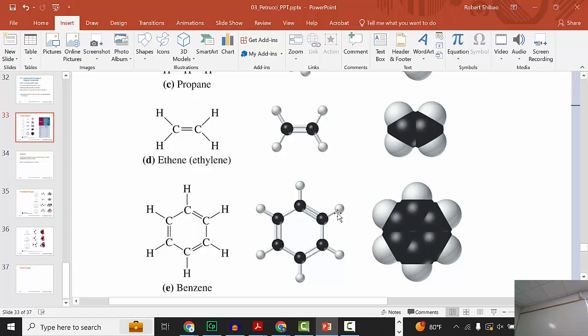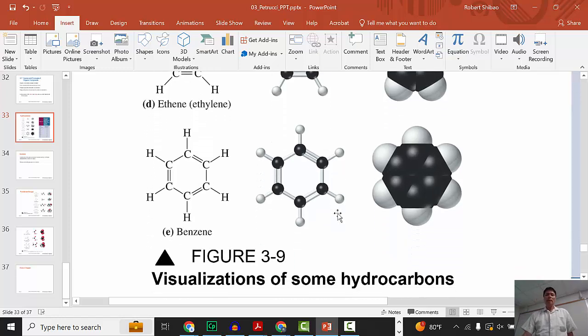This one has a common name. There are other names for this. Another name for this would be cyclohexene, but we have 3 double bonds. So we would call it cyclohex-1-ene. So this is carbon 1, 2, 3, 3-ene, 4, 5.